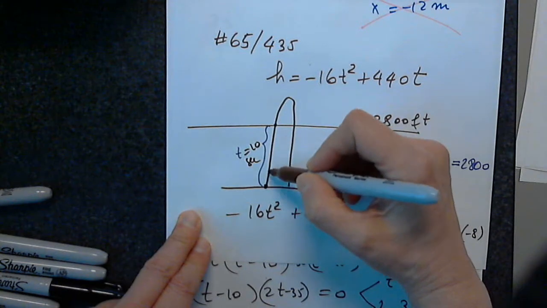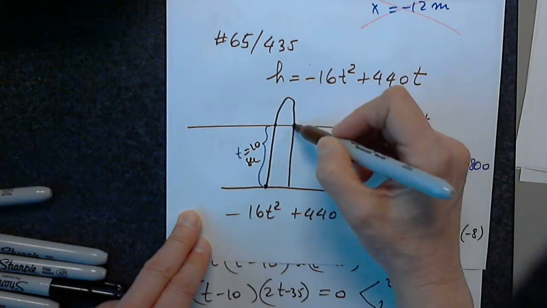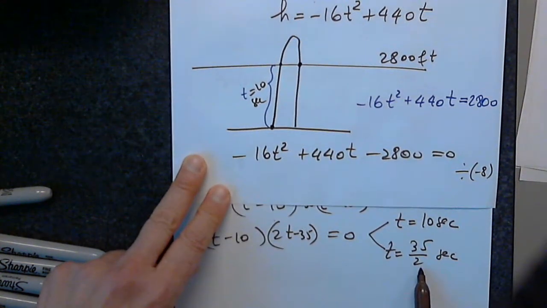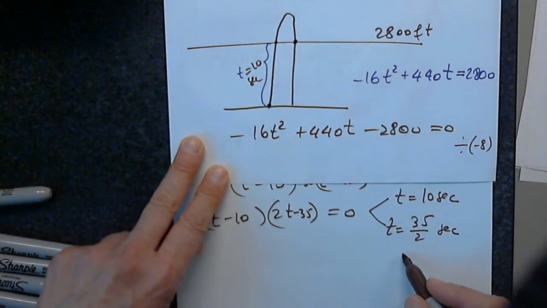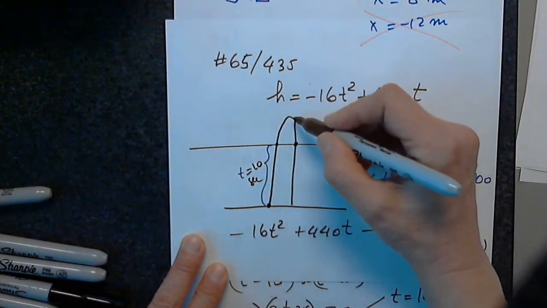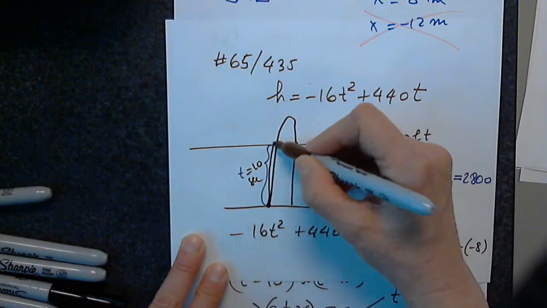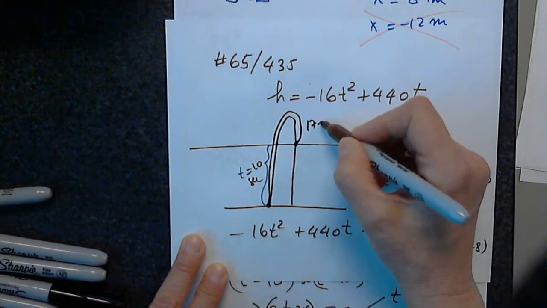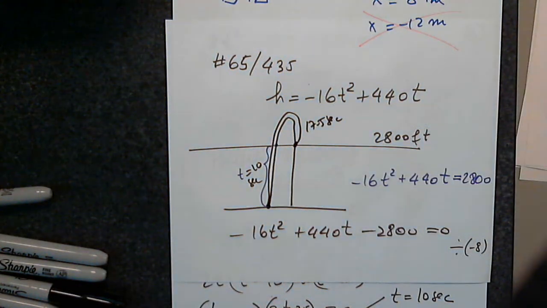And from here till here, what I have is 35 over 2, which is 17.5. 17.5 seconds from this point till this point, where it crosses the altitude of 2800 again, on its way down to the ground.